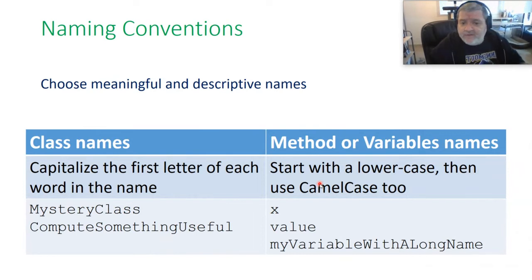So when we have variables, same thing: the name of a variable, which is a way to store a value in memory, is going to start with a lowercase letter. And if it's a name made of several words put together, then you are going to use uppercase for the beginning of every word that constitutes that name. Okay, so we covered that.